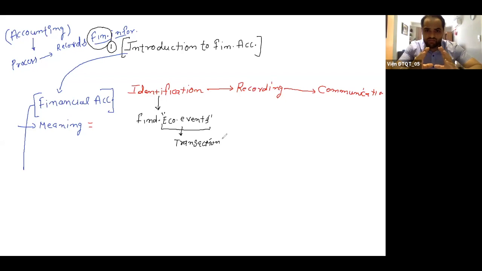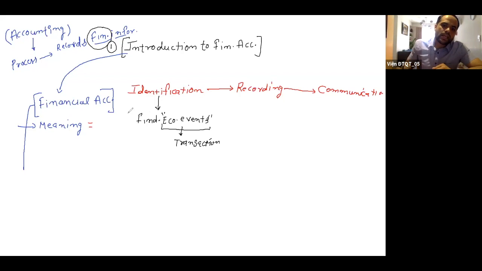All these examples fit the meaning of transactions. So first of all, we have to find transactions. This is the very first step in order to prepare financial accounts, right?